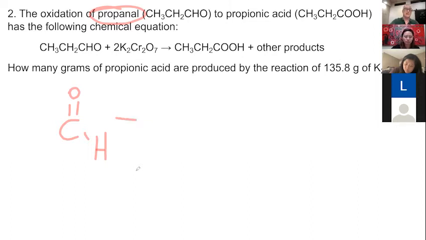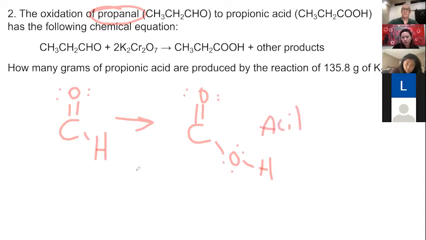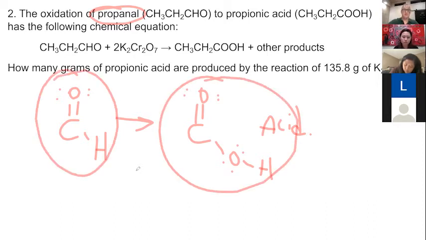When it gets oxidized, meaning more oxygen gets added to it, we get this. That is an acid group. We call that a carboxylic acid, an organic acid. So when it gets oxidized, it goes from this to this. That is coming up much later.